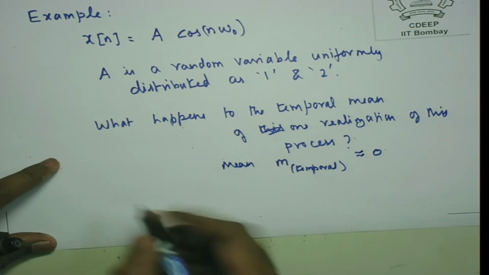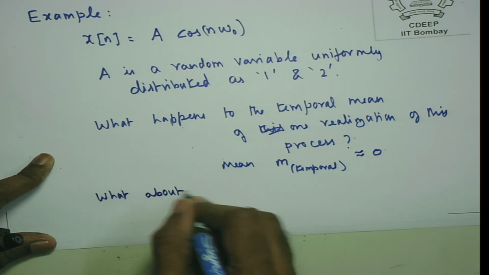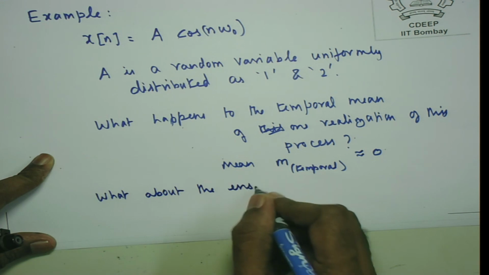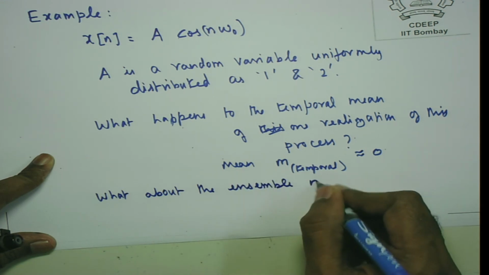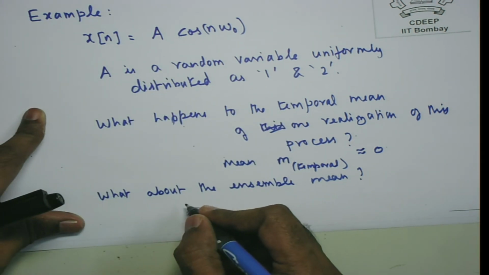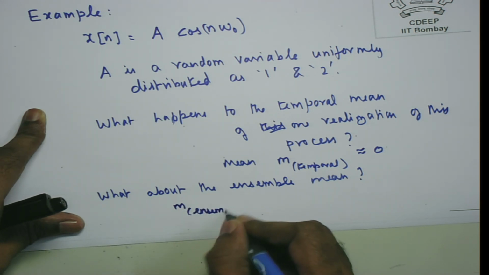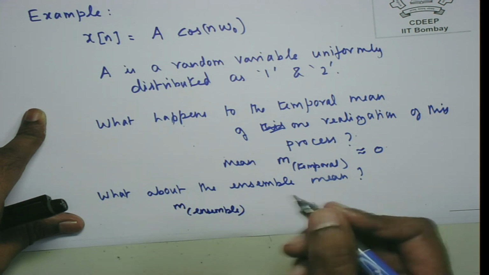But instead, what about the ensemble mean? This is the mean where, given any particular n, such as n0, n1 or n2, we find the mean of that process. That is actually the typical definition of the mean of a random process.